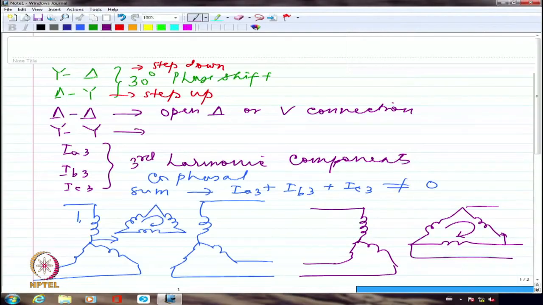Okay. So far what we had seen was the three-phase transformers that are actually made up of three single-phase transformers. But there are cases where we use a three-phase transformer as a single unit. So when I use it as a single unit, I may have the three cores somewhat like this.